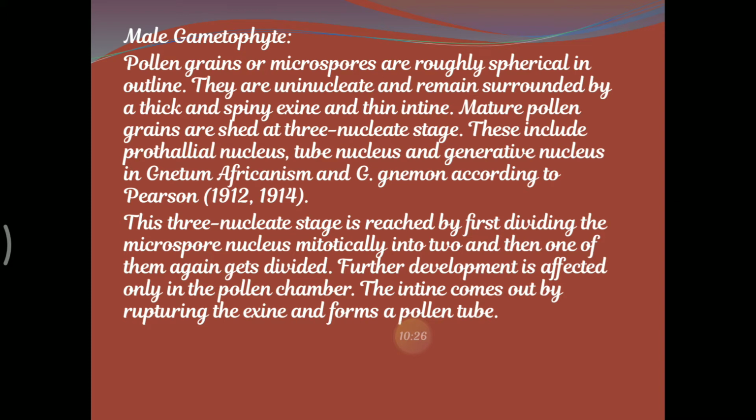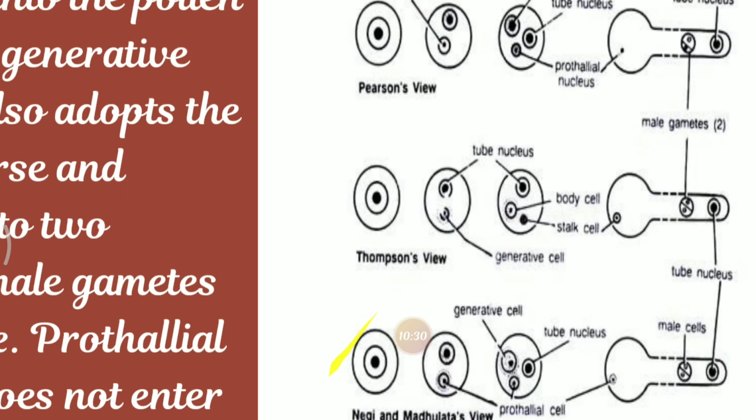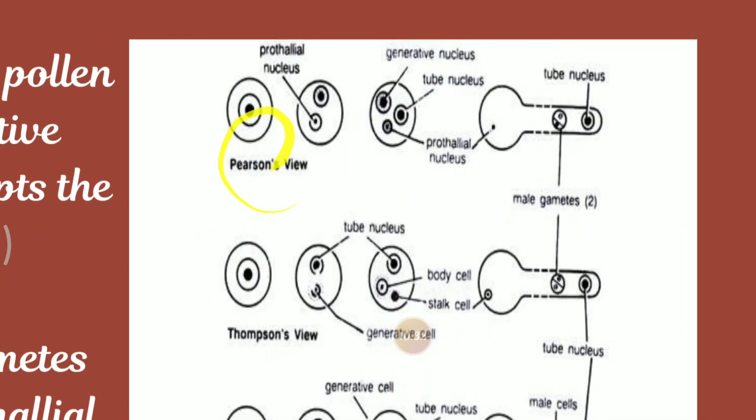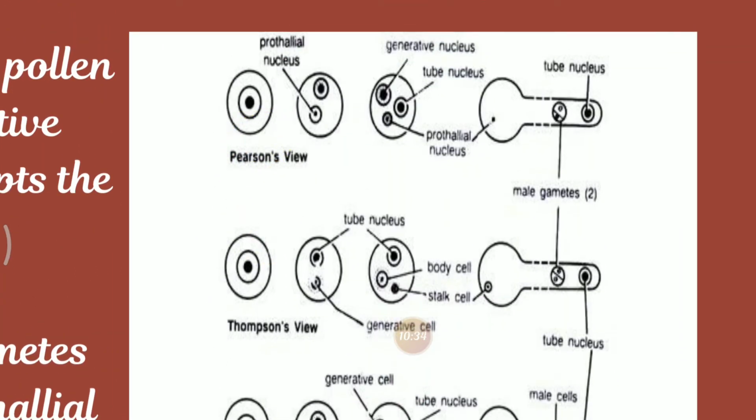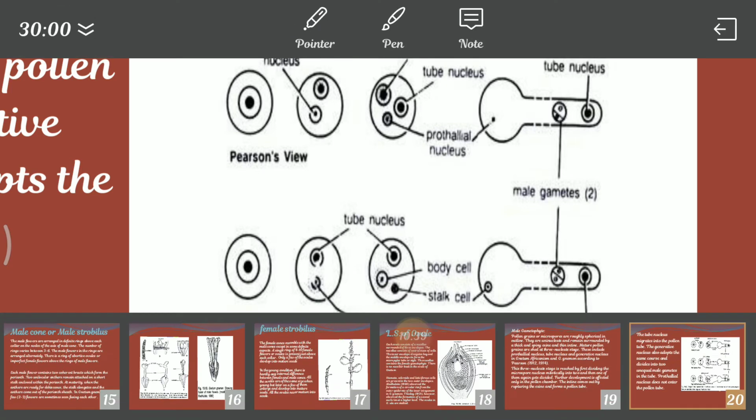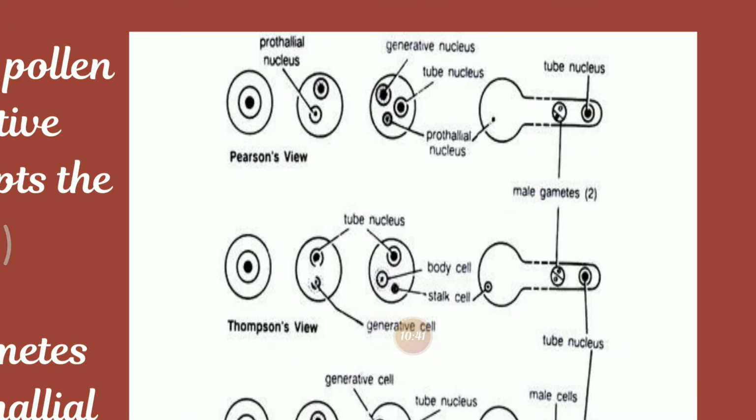Mature pollen grains are shed at the 3-nucleate stage. Here you can see in the picture clearly: the first ring indicates the exine, and the middle one indicates the intine. Within that is the nucleus here.